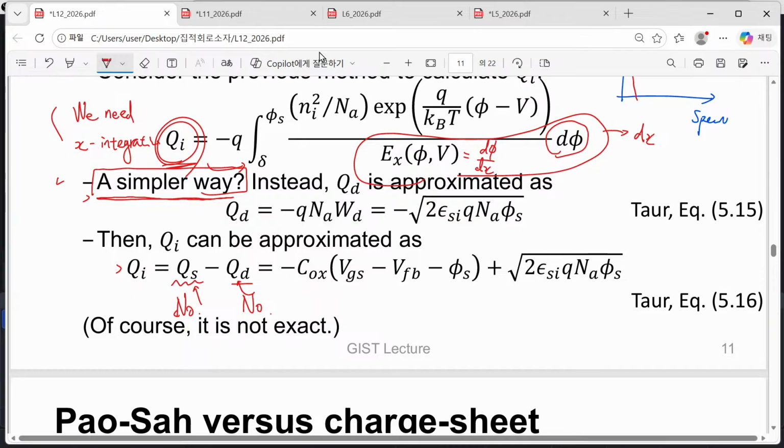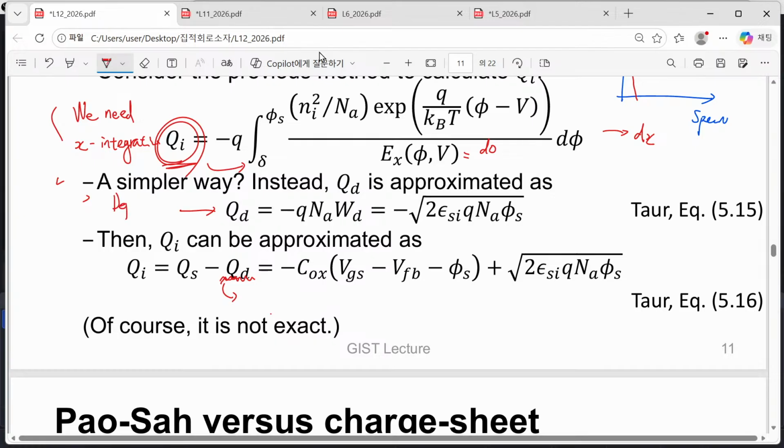So that is one thing. Are you with me about the motivation of this charge sheet model? Then how can we calculate this Q sub I? Or in this case, the most important one is, is it good enough to approximate this Q sub D? How can we determine depletion charge? For that purpose, we introduce the well-known depletion charge approximation.